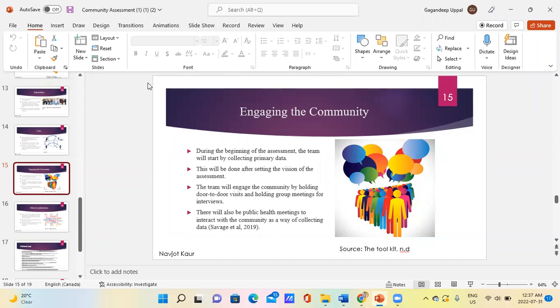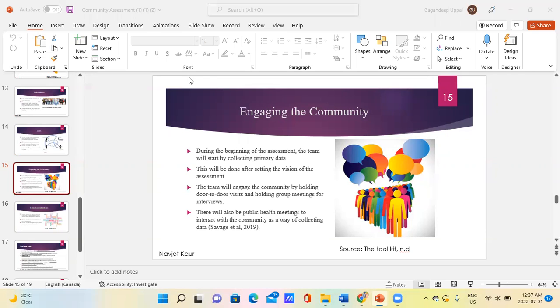Next is engaging the community. As we all know, while we are collecting information about a community, we have to show our engagement with the community. During the beginning of the assessments, the team will start by collecting primary data, and we can only collect primary data by doing visual assessments or physical examinations.